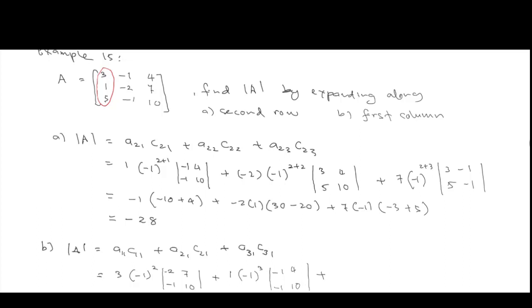plus the last element in the first column is 5 multiplied by negative 1 to the power of 4, and the minor, we are going to delete the third row, first column, so we have negative 1, 4, negative 2, 7.